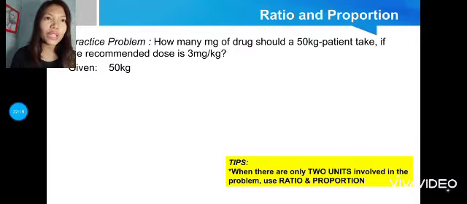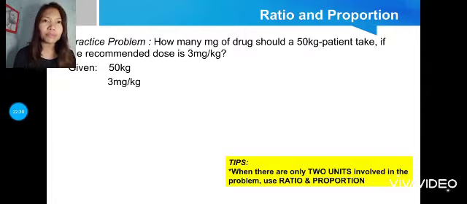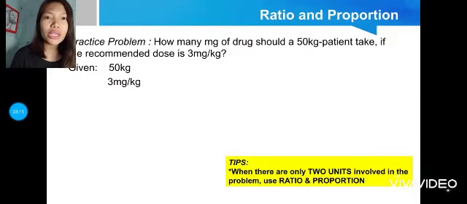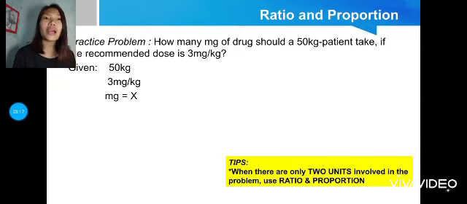So, you have your 50 kilogram, no? 3 milligram per kilogram. So, you need to check how many units are there involved in your problem. Okay, you have to write the kilogram and the milligram. So, in short, in this type of problem, we can use the ratio and proportion because we only have 2 units. Okay? Okay, and we are looking for a milligram, right?